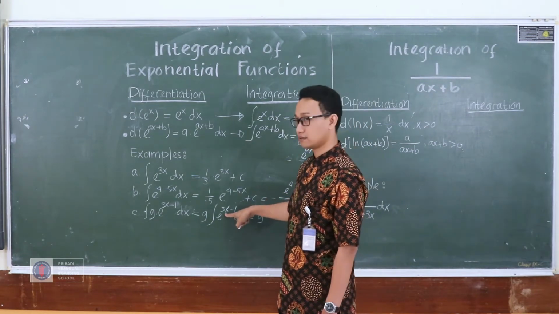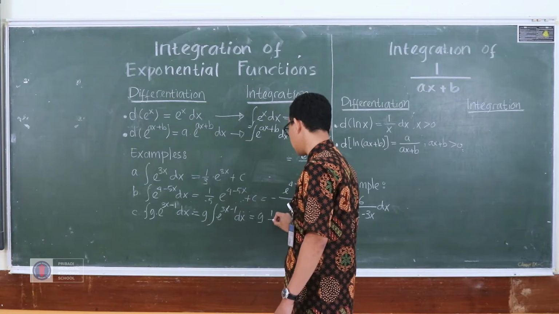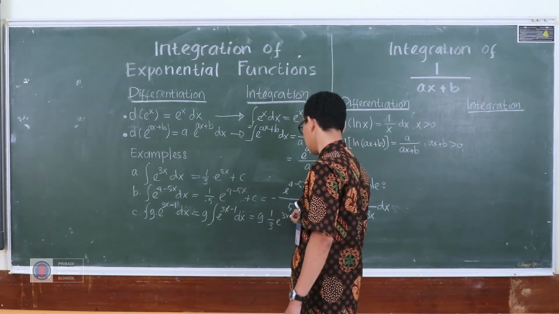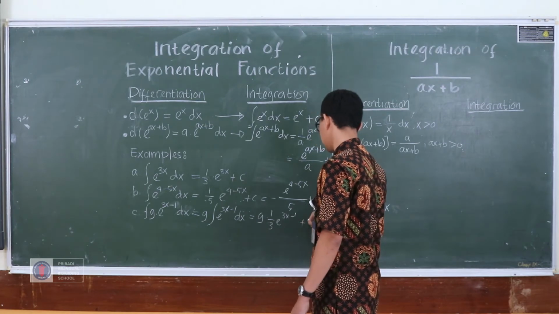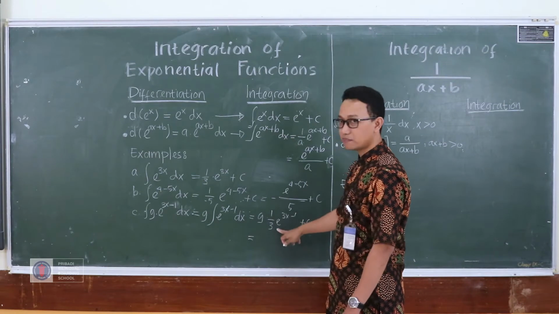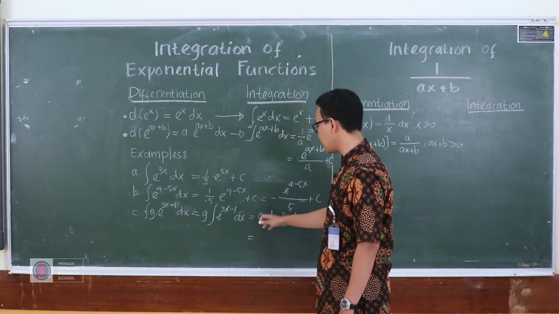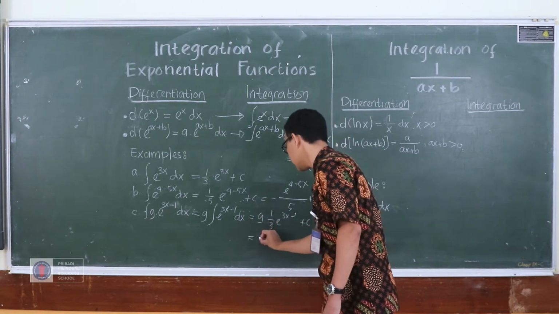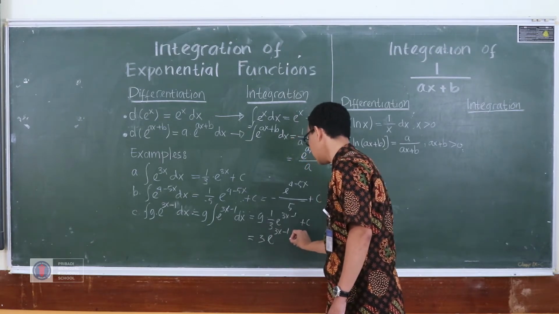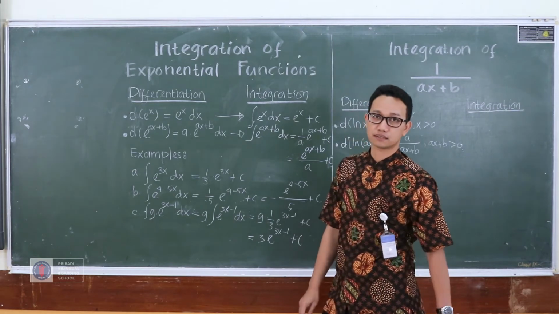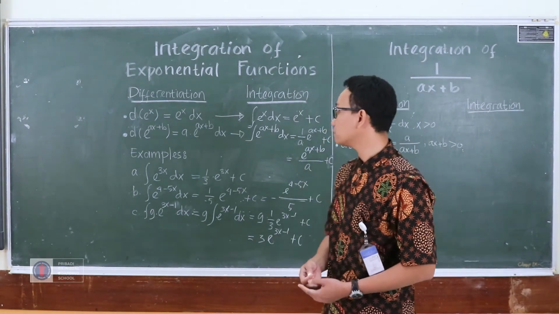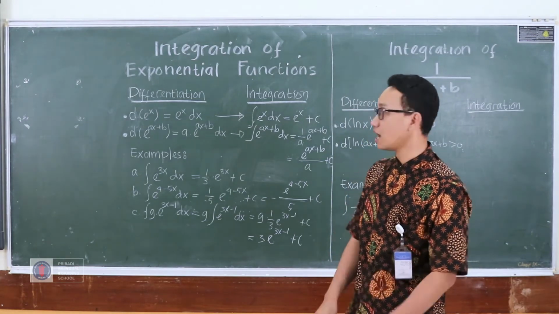It should be 3, right? So just 1 over 3 e to the 3x minus 1 plus c. Or if we simplify, 9 multiplied by 1 over 3, so it's simply 9 divided by 3 is 3. So 3 e to the 3x minus 1 plus c. That's it. So this is how we can find the integration of exponential function. Now, how about the second?